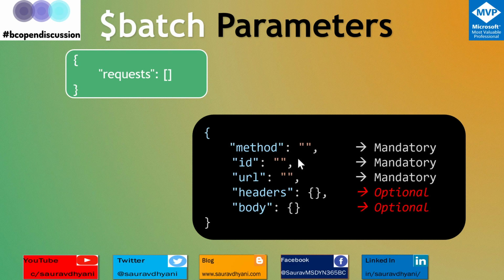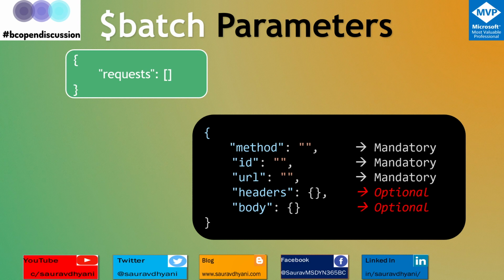The ID is a unique identifier for this operation. You can use ID as 1, 2, 3, 4, 5. You can use it for anything that you need. But for the classification that this is a different request than the other one, you need to give it a unique identifier. The third one is a URL, which is the path of the API.